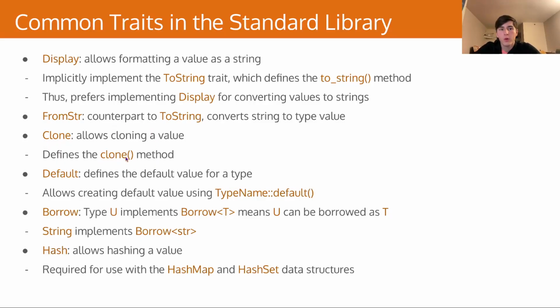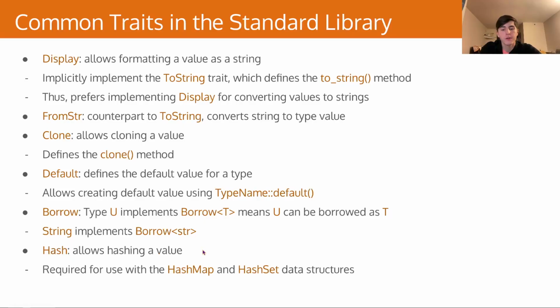This is useful if you want to duplicate values without violating the laws of ownership and borrowing. Default allows you to set a default value for a type. Like if you don't specify it, it'll set itself to this value. Borrow, as mentioned, lets you borrow it.